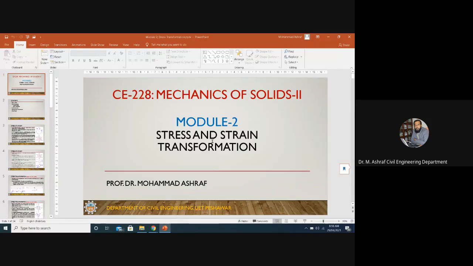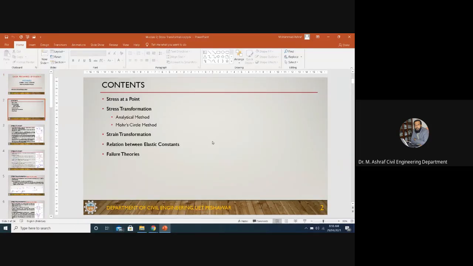In all those cases, we were getting stresses at a particular point in a particular direction. Those formulations we already discussed, for the combined stresses, for the short prismatic member, for the unsymmetrical bending, were giving us stresses at a particular point in a particular direction.